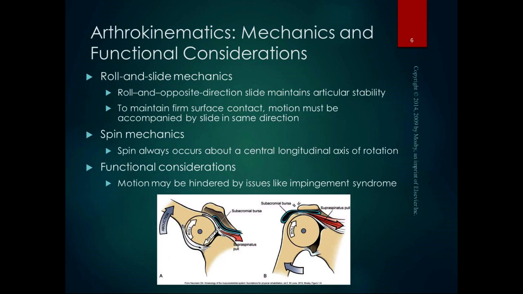If you have something like impingement syndrome that doesn't allow roll or slide, motion might be hindered. So you might have some issues with motion if you have impingement syndrome. That's what this picture is talking about in the book. This one is really difficult to talk about in lecture. It's more of a lab subject, but I just want to introduce it in lecture so your brain is softened up and ready for that information in lab.